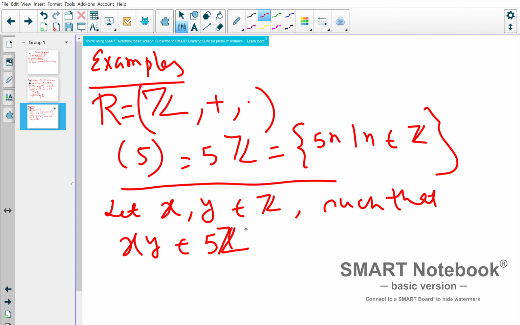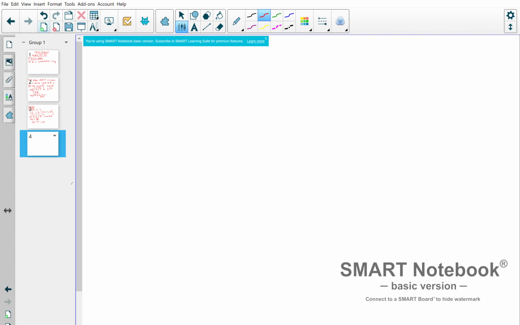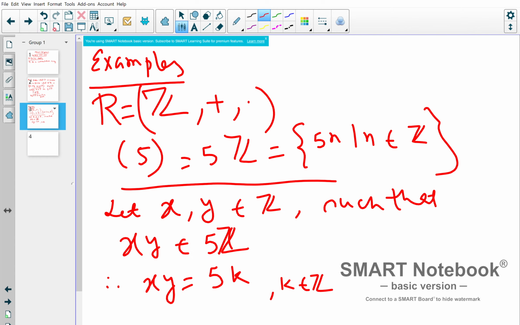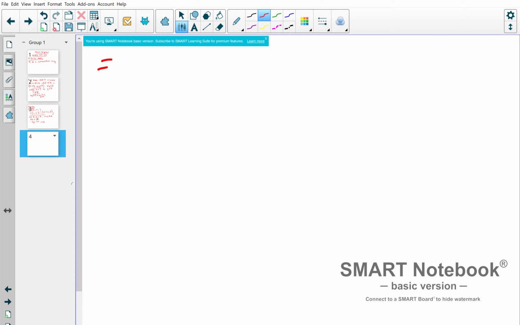The product is a multiple of 5, so xy equals 5 times k for some integer k. Then, using the division algorithm, 5 divides both sides. So 5 divides x times y.